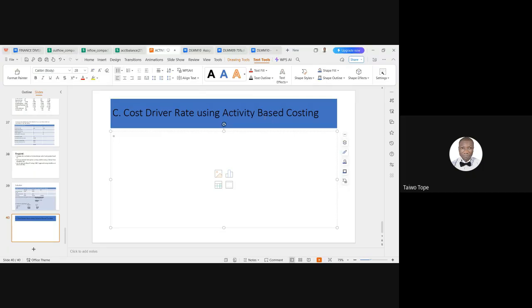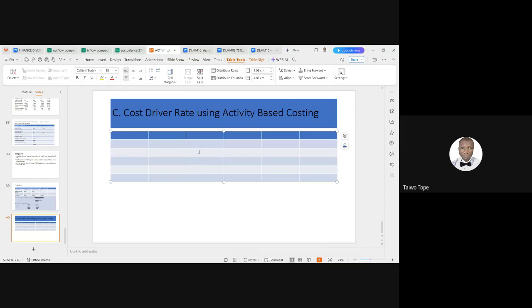Now you look at the question: what are the activities you have? We have setup. What is setup? Somebody should explain this setup.